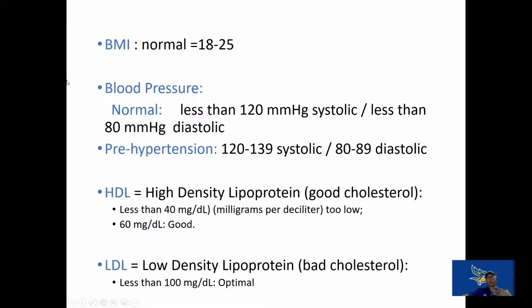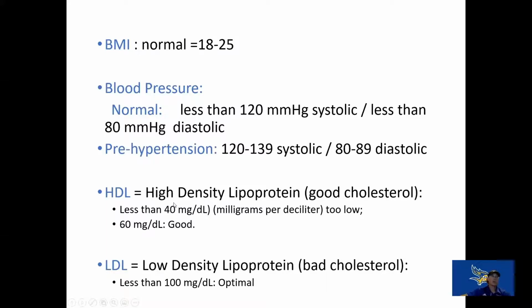Blood pressure is also used on a criterion scale, so less than 120 over 80 is considered normal, regardless of what the average in the population is. If the average of the population is 140 over 90, which is hypertensive, that doesn't make hypertension normal. Normal is within that standard.